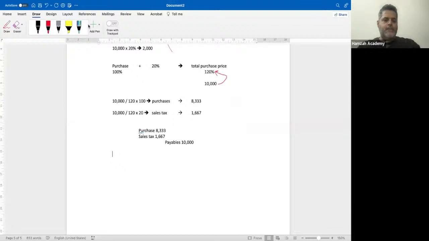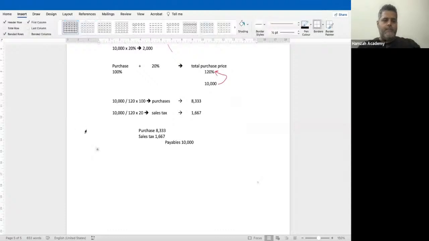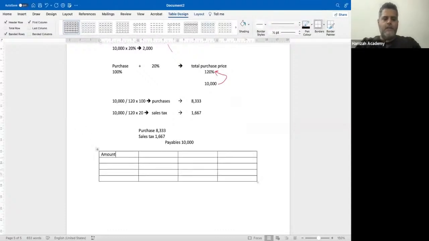Now, let's see how clear it is. We have amount including tax. This is the rate of tax. This is the amount excluding tax, and then this is the tax over here.